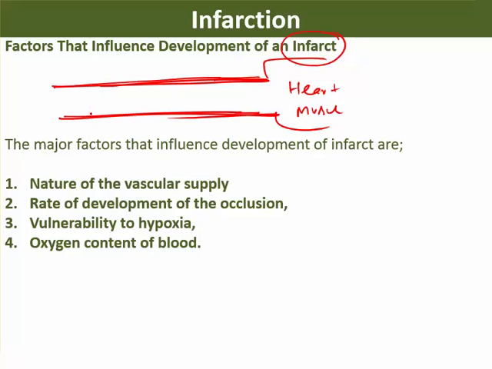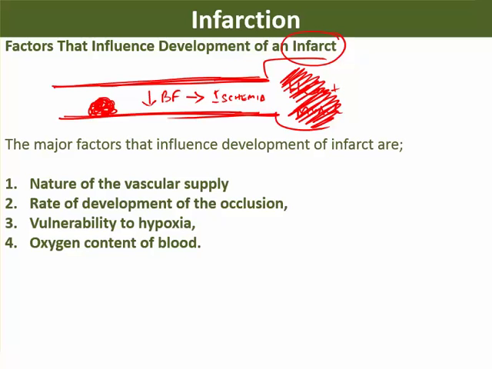If this goes for thrombi formation and occlusion, then it reduces the blood flow here. Blood flow is reduced. That will create what? Ischemia. That will create necrosis. So this is infarction.